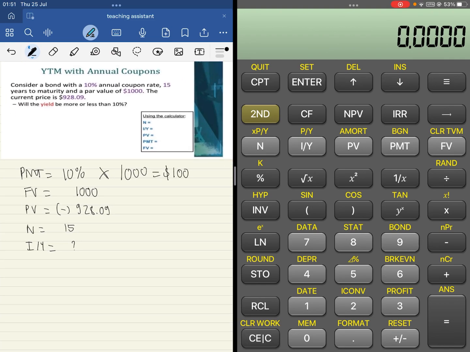15, so first is 15, and future value 1,000, FV, payment is 100, so 100 PMT, present value 928.09, minus sign, and then we press CPT I over Y, and the answer is 11%.